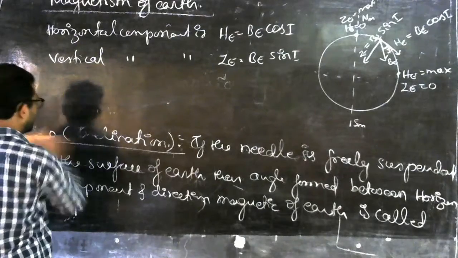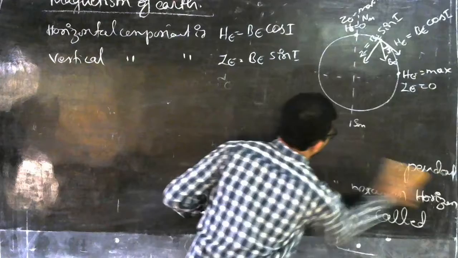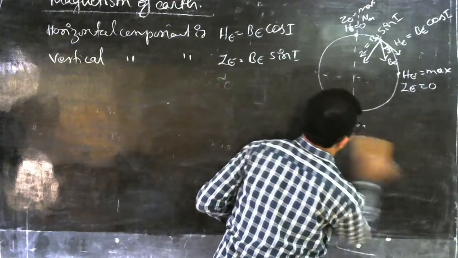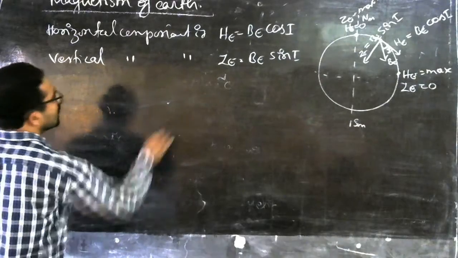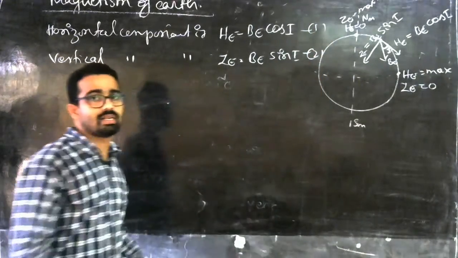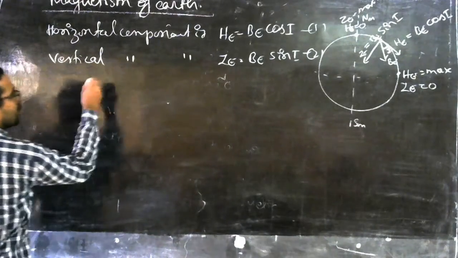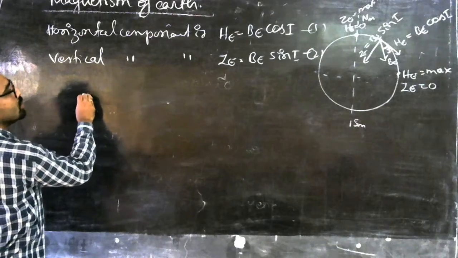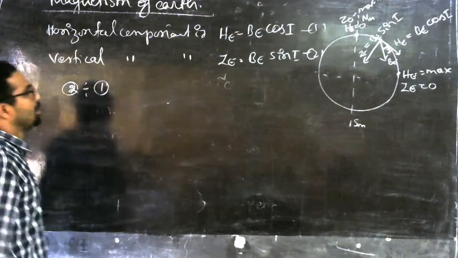Let me write some conditions. Let us take this as equation number 1 and this as equation number 2. Let us do some mathematics: equation 2 divided by 1.